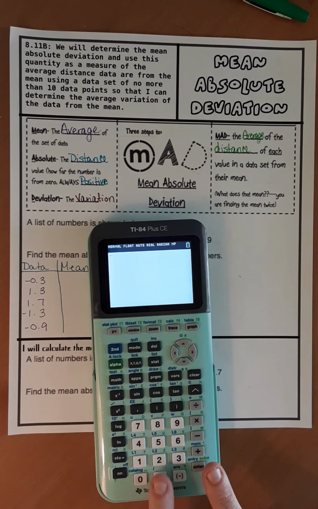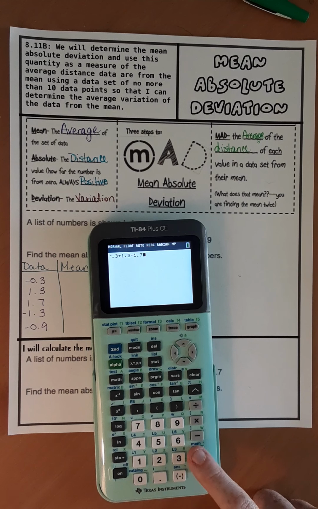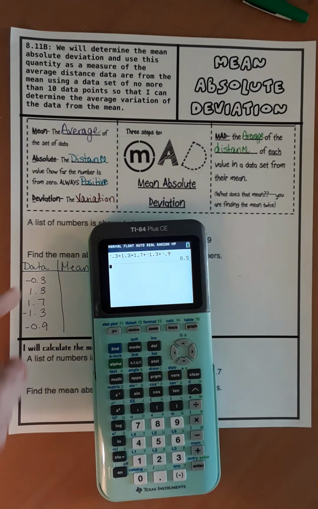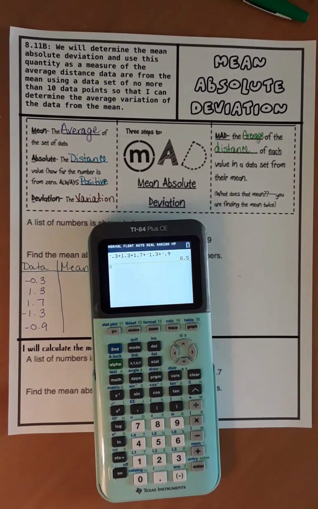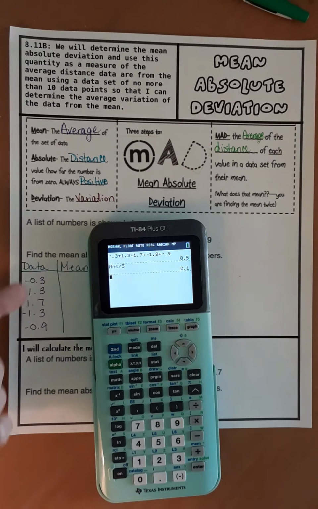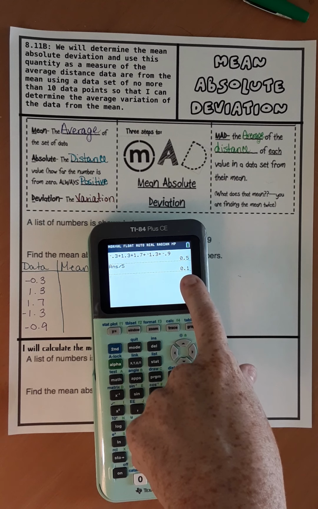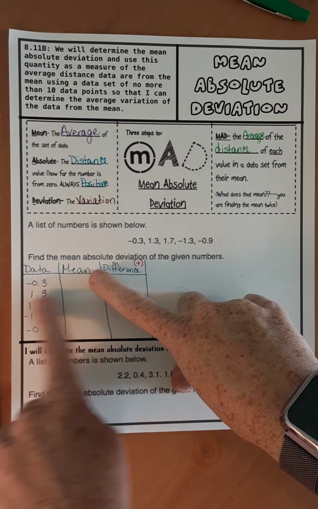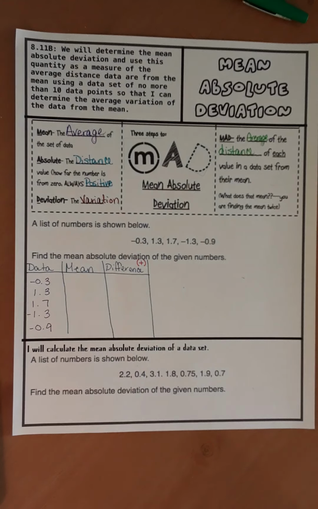So I have negative 0.3 plus 1.3 plus 1.7 plus negative 1.3 plus negative 0.9. I'm going to hit enter. And we have 1, 2, 3, 4, 5 values. So I'm going to divide by 5. And I find that my average of this data is 0.1. So in this mean column, across from each value, I'm going to write 0.1.